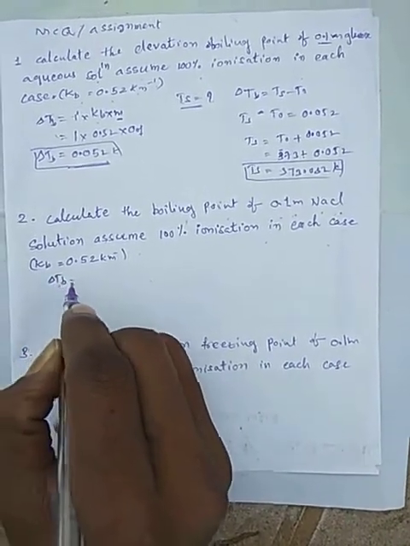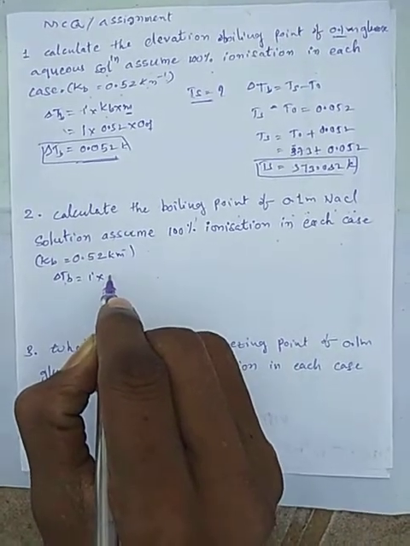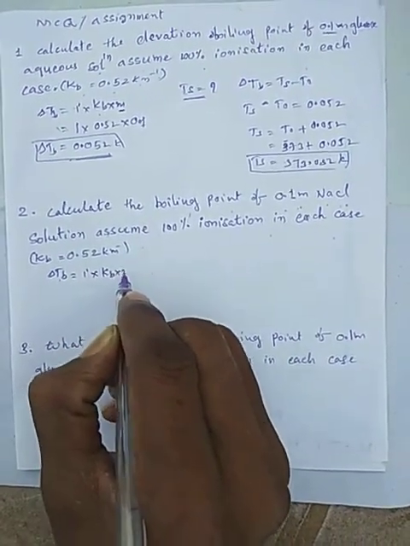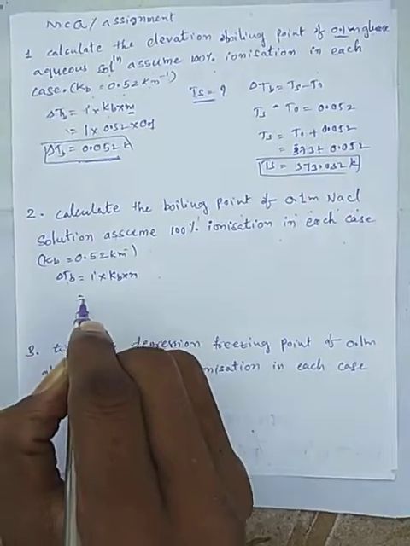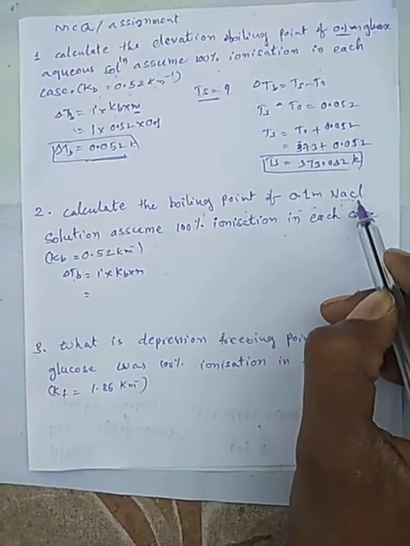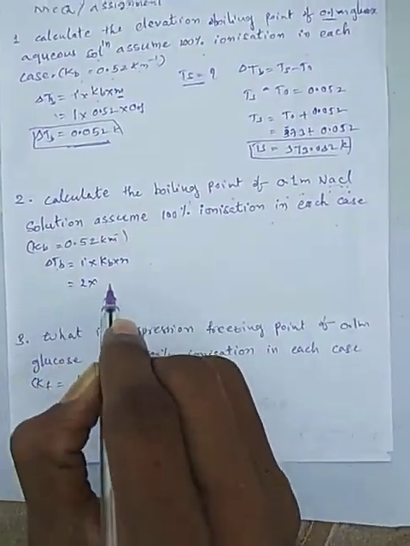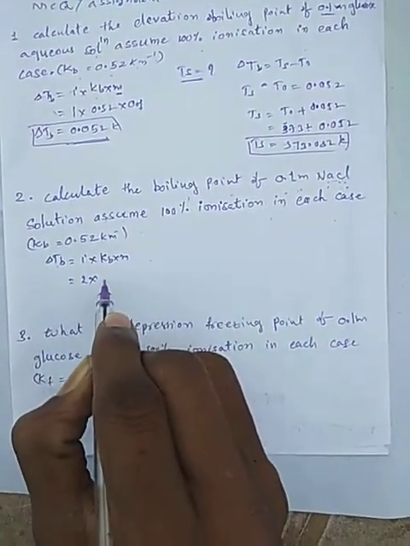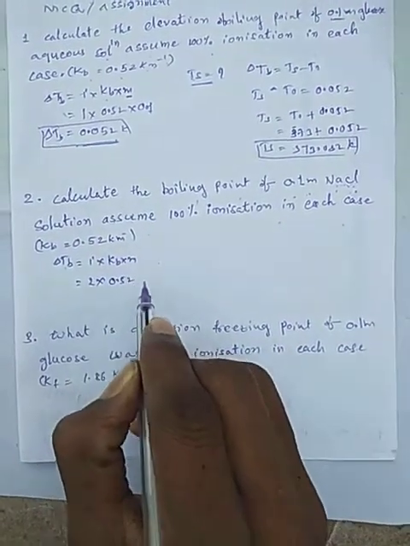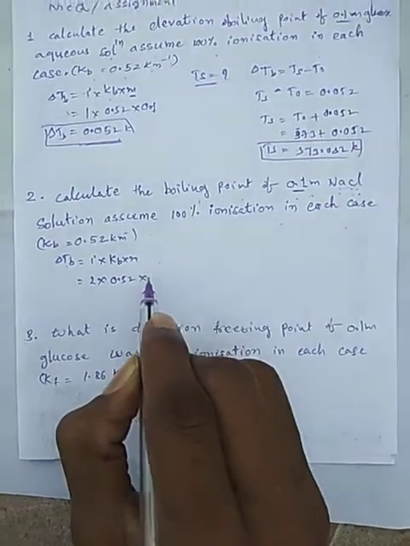Now delta Tb is equal to i into Kb into m. Now i is the dissociation into two ions, Na plus and Cl minus. i is 2 and Kb is given already 0.52 and m is given also 0.1 molar.